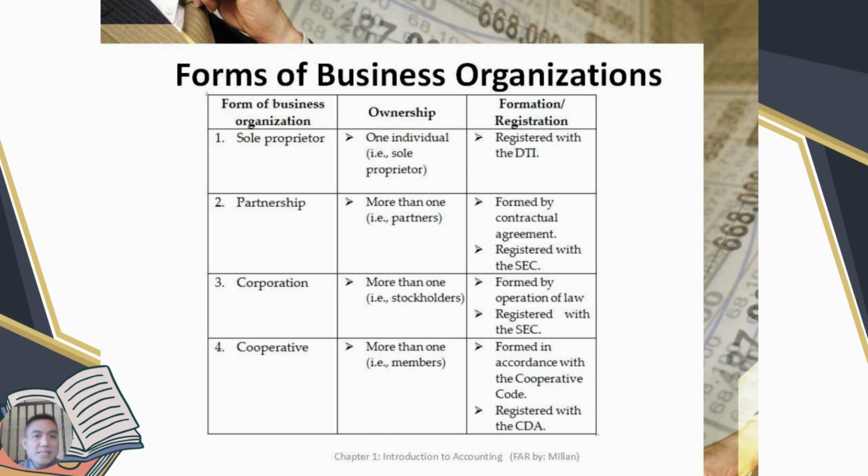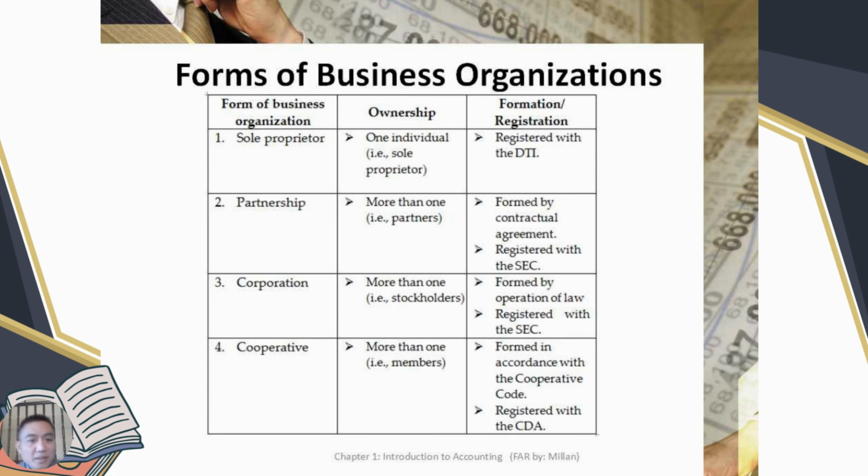Now let us go to the forms of business organizations. These are the four common forms of business organization. Number one, sole proprietorship. Number two, partnership. Number three, corporation. Number four, cooperative. There is only one owner in a sole proprietorship. There are two or more under the partnership, more than one for the corporation, and more than one for the cooperative.